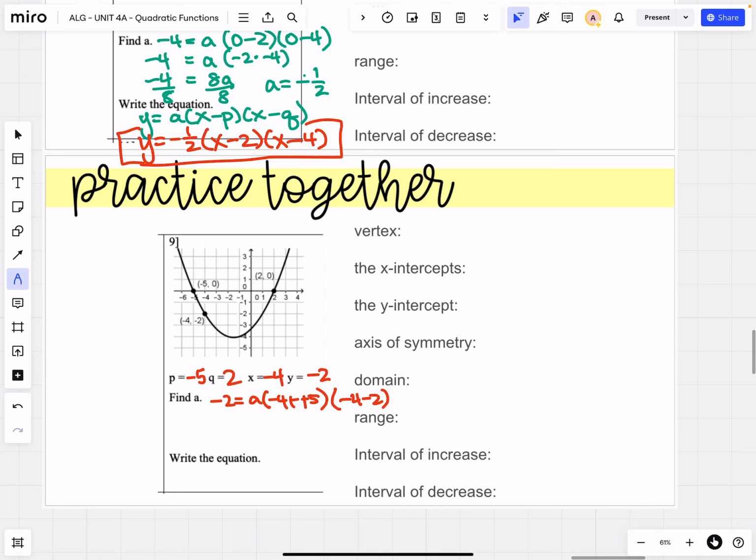This is positive 1, times negative 6, times a is equal to negative 2, or negative 6a is equal to negative 2. A then would be 1/3. Our equation will be y is equal to 1/3 times x plus 5 and x minus 2.